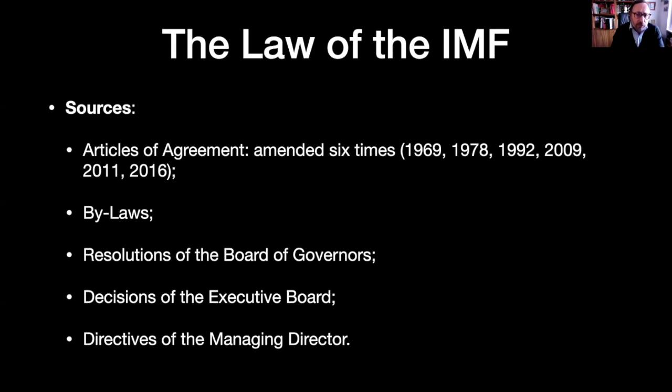These are the resolutions of the Board of Governors, decisions of the Executive Board, and also directives of the Managing Director. All these are acts that are binding upon members of the IMF, and they have to be adopted by the competent organs of the IMF.